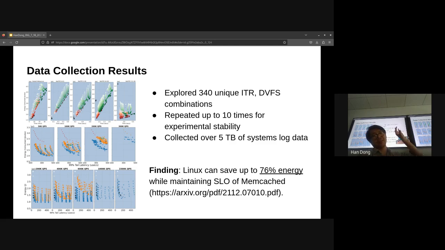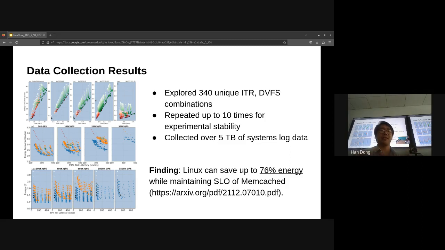In the graph on the left, every single dot is a single experiment that we ran, and the x and y axes are some measurement of energy and some measurement of performance. The different colors correspond to different kinds of system configurations. Some of them are just Linux running in its dynamic way, and some of them are through our interrupt delay and processor frequency changes.